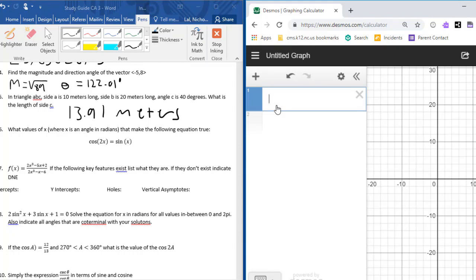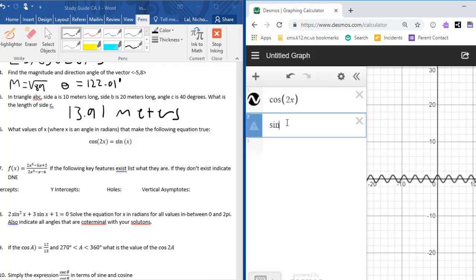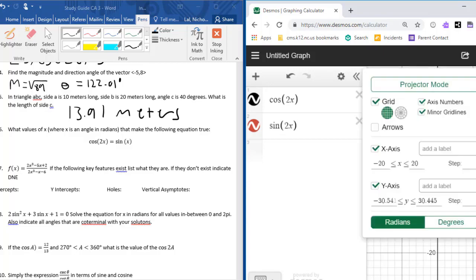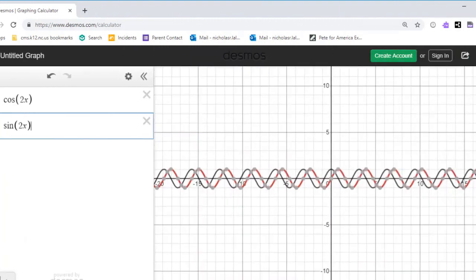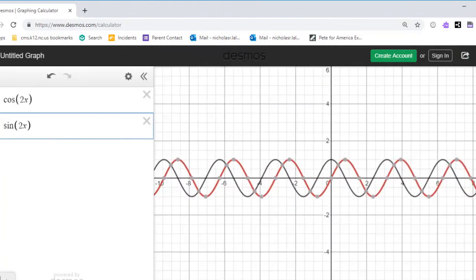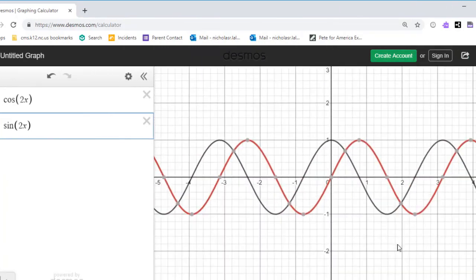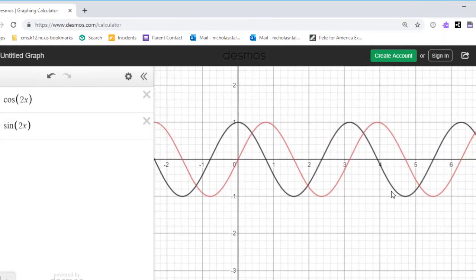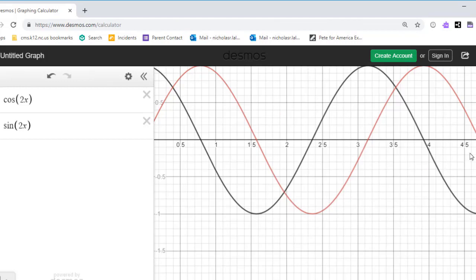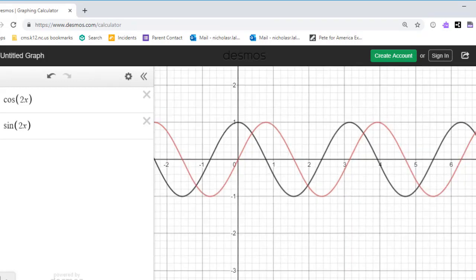So you can have one equation be the cosine of 2x, and the other be the sine of x, and I am going to make sure that I am in radians. If I can find the intersections between 0 and 2 pi, remember that if pi is 3.14, 2 pi is 6.28, because 2 pi is a full rotation around the unit circle.